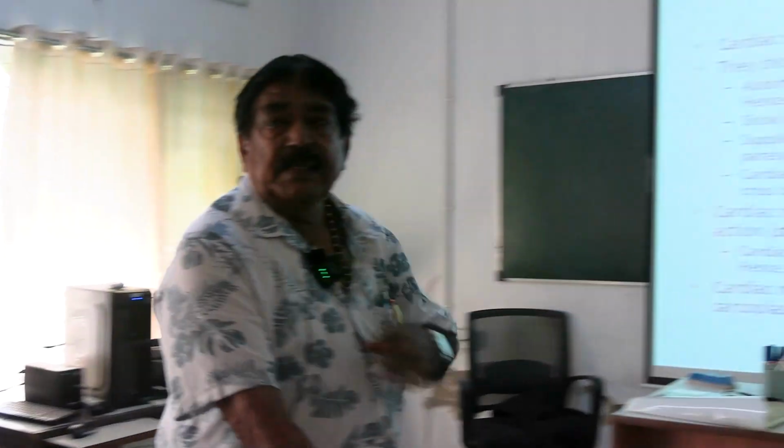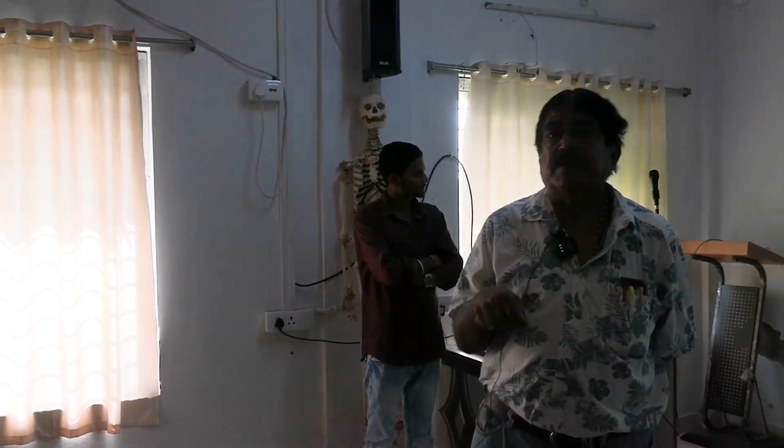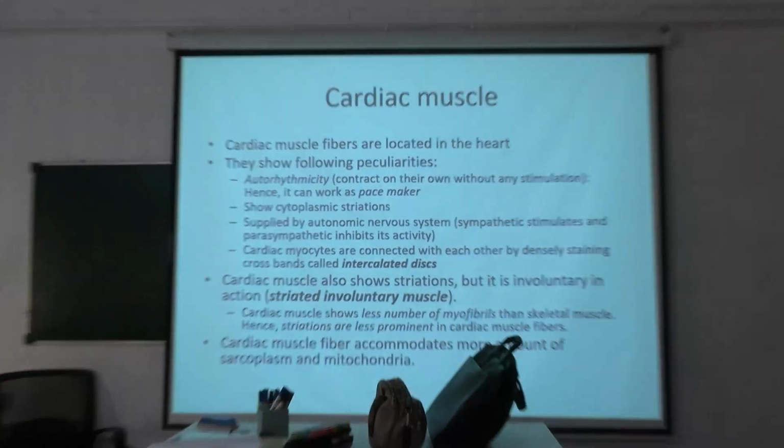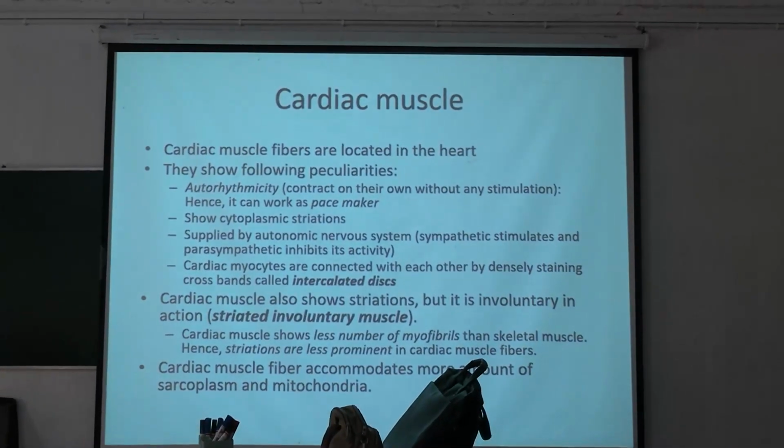Now, mitochondria. Skeletal muscles work only when you are voluntarily doing something. The difference is that cardiac muscle has more mitochondria because it needs more energy, so the muscle is always pumping.